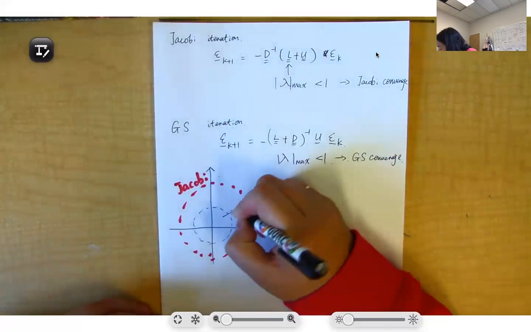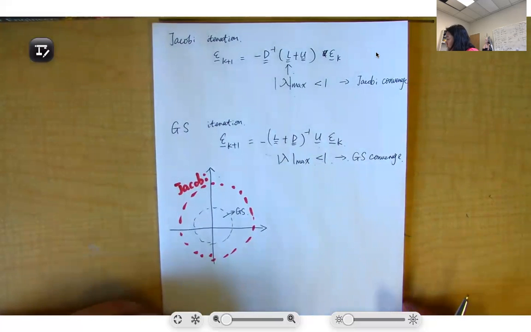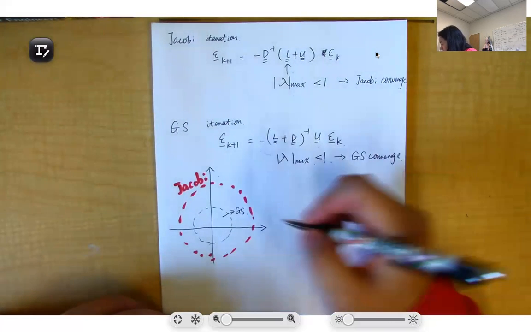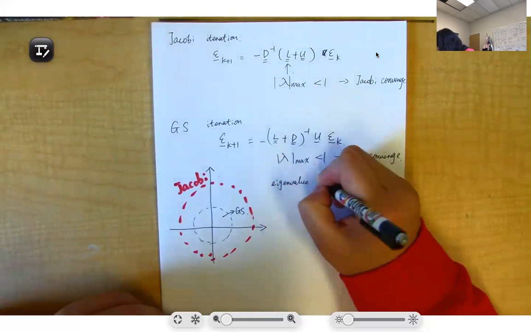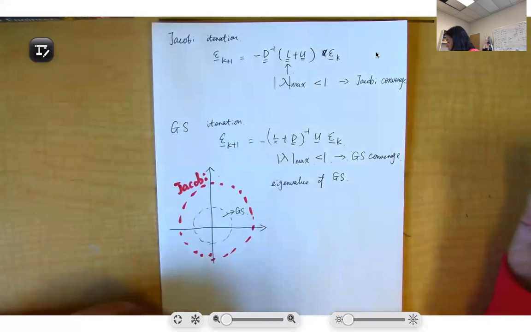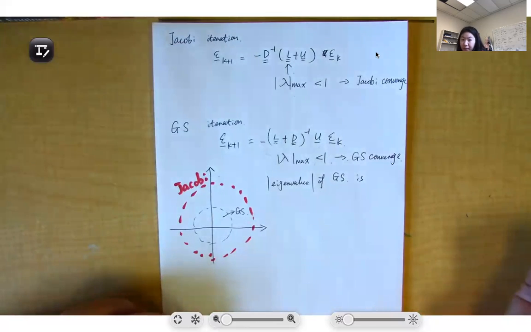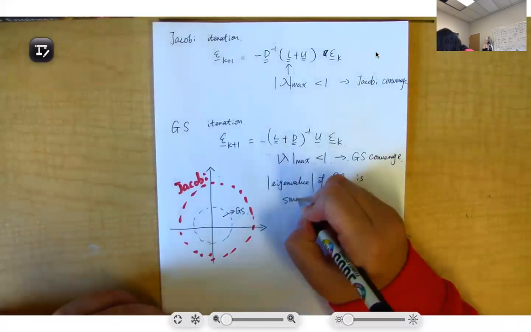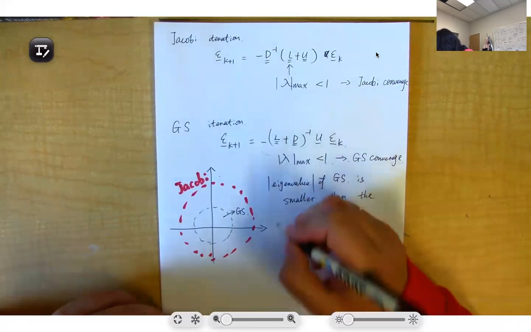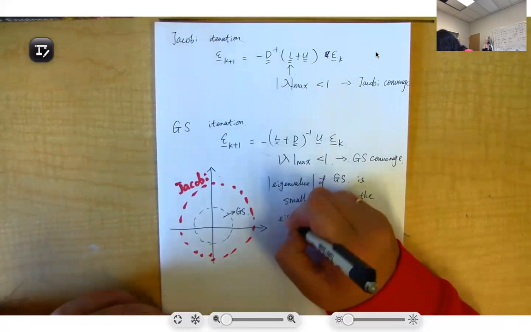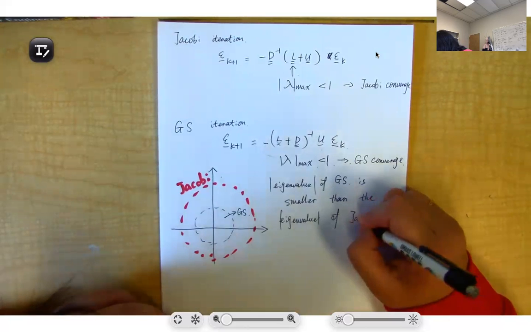The Gauss-Seidel is in a smaller circle as compared to the Jacobi, so because of that, the absolute eigenvalue of Gauss-Seidel is smaller than the eigenvalue of the Jacobi iteration.